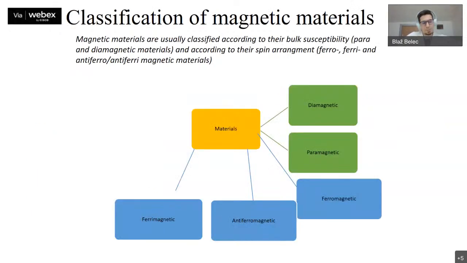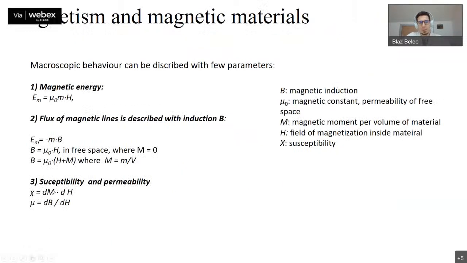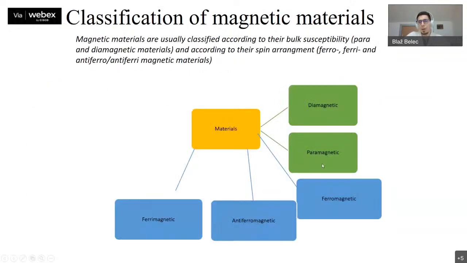So as I told you before, we classify the magnetic materials according to their bulk susceptibility. So susceptibility is magnetic moment, so magnetism, how it acts in some magnetic field. So we got then paramagnetic, diamagnetic, ferro, anti, and ferrimagnetic materials.